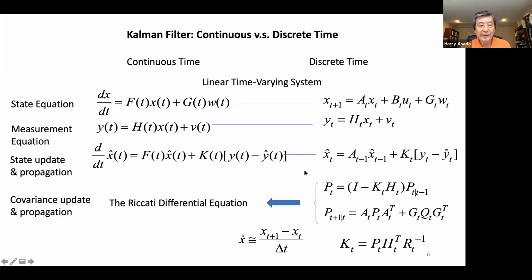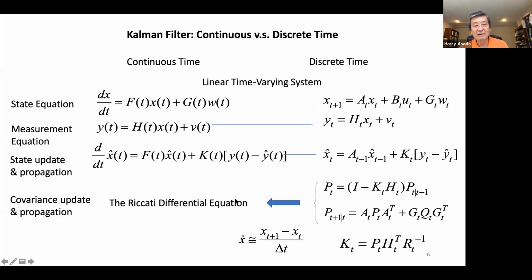Now, one big difference is this. It's basically covariance update and covariance propagation. Interestingly, we had two formulas, covariance update and covariance propagation, right? As we put the delta t, the sampling interval, reduced to 0, these two collapse, and then it becomes one differential equation named the Riccati differential equation.